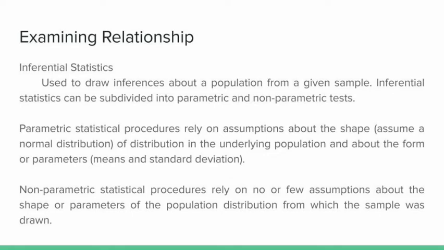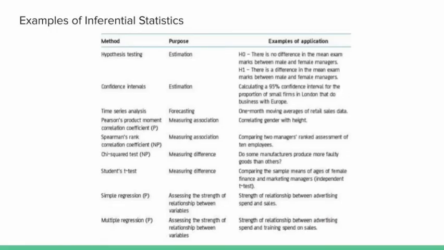As also discussed in the previous discussion, we cannot use both parametric and non-parametric procedures. We have only to choose one. It's either parametric or non-parametric statistical procedures. Shown on screen are examples of inferential statistics.